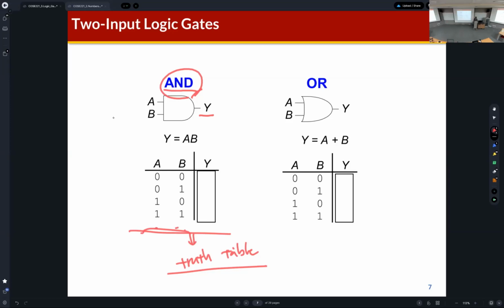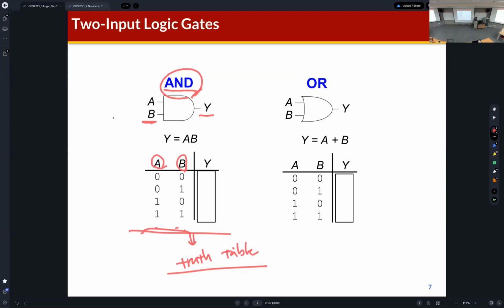In this figure, the AND logic gate has two inputs, and each is a single bit, which means each bit can have two different values, 0 and 1, right?